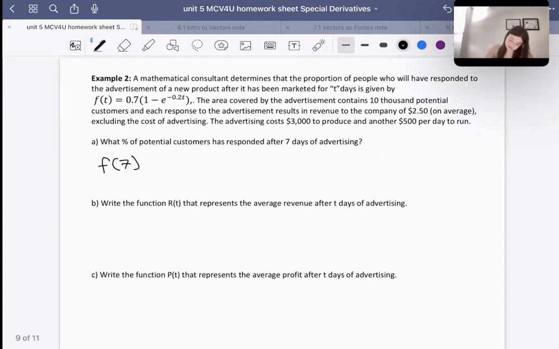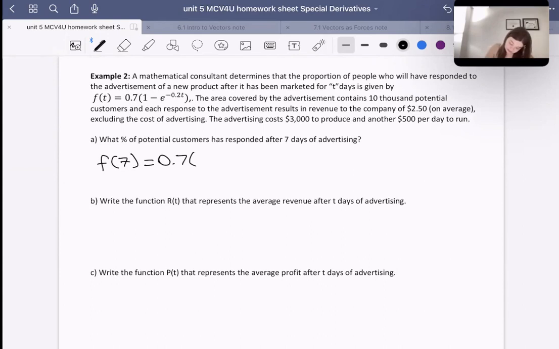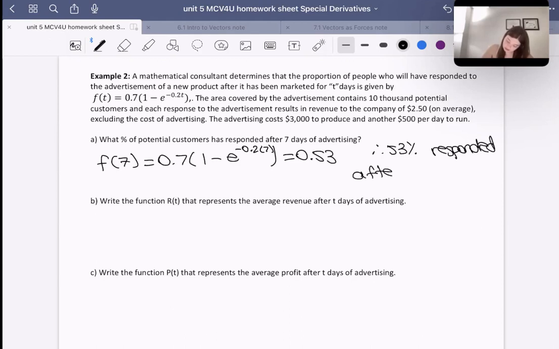So F of 7 is 0.7 times (1 minus e to the negative 0.2 times 7), which is equal to 0.53. So therefore, 53% responded after 7 days.